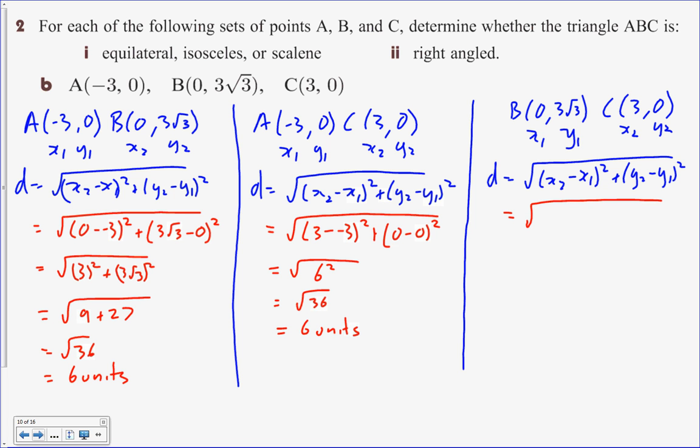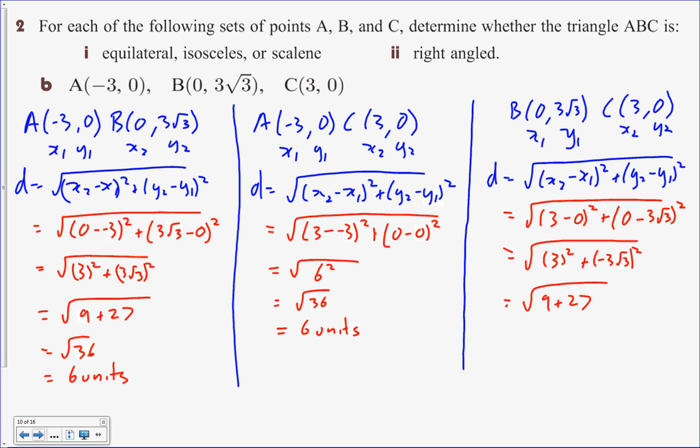Square root x2, which is 3, take 0 squared, plus 0 take 3 root 3 squared. So equals square root of 3 squared plus -3 root 3 squared equals square root 9 plus 27. Remember, as soon as you square a negative number, it's going to be the positive answer. So it's going to be square root 36, so equals 6 units.